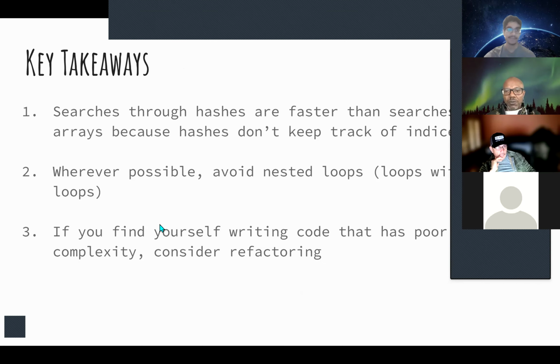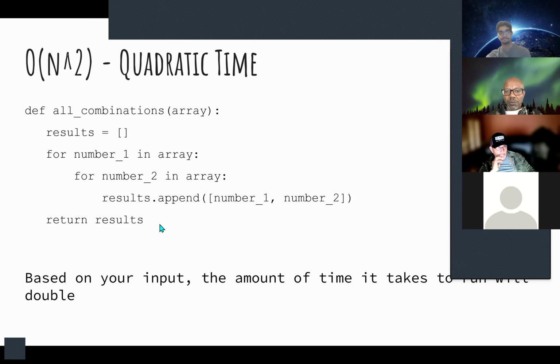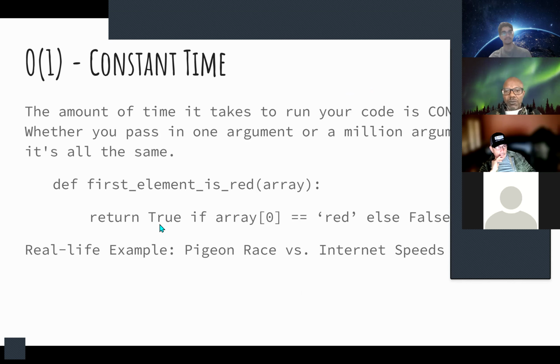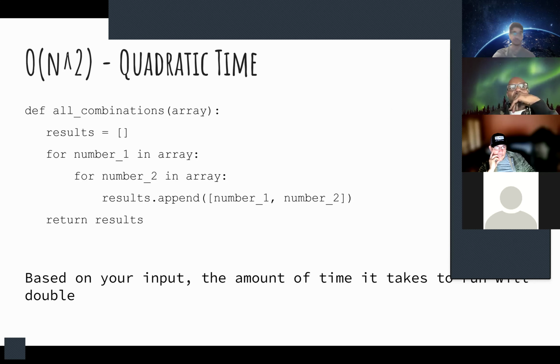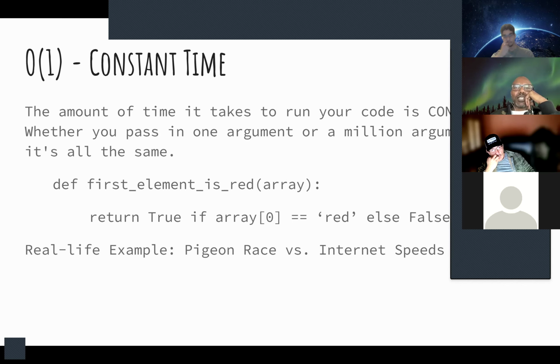Okay, so let me ask you guys this. Which of these is the best? Is constant time the best? Is linear time the best? Or is quadratic time the best? And why? Constant time, because it's faster and takes less time to run.